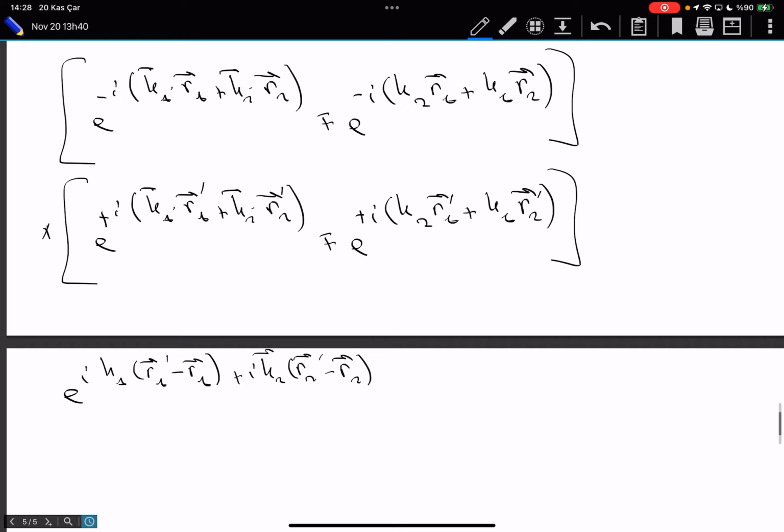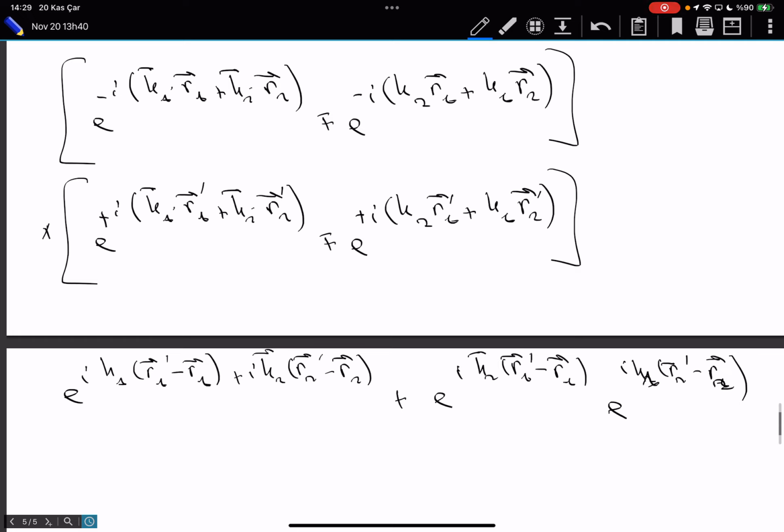Okay. The product of the second terms: plus a to the power i k2 times r1 prime minus r1, and a to the power minus i k1 times r2 prime minus r2.